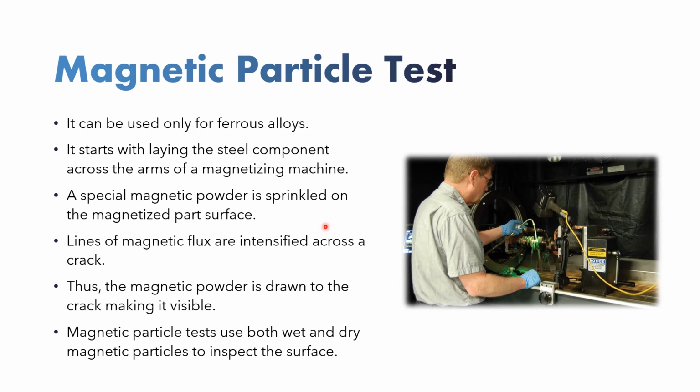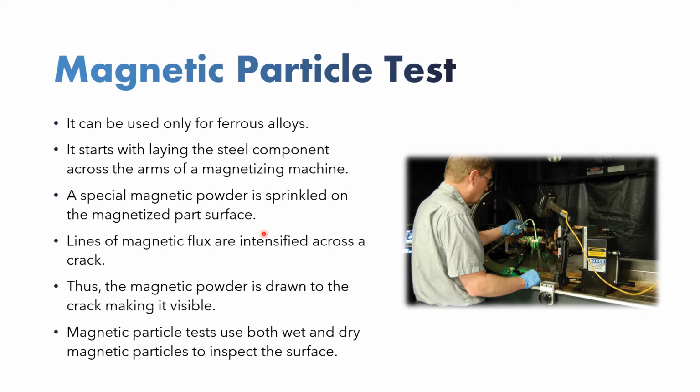The next test is a magnetic particle test, and we can use it for ferrous alloys. You begin by laying the steel component across the arms of the magnetic machine. Since this is a magnetic particle test, we use a magnetizing machine.